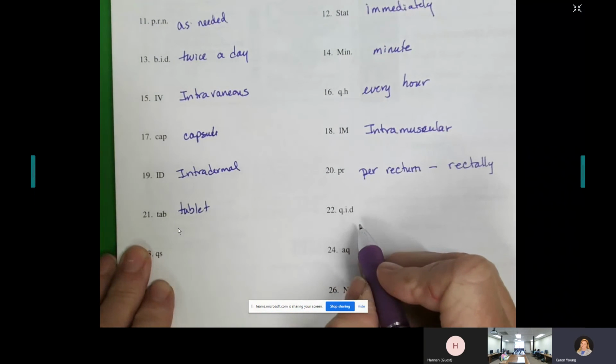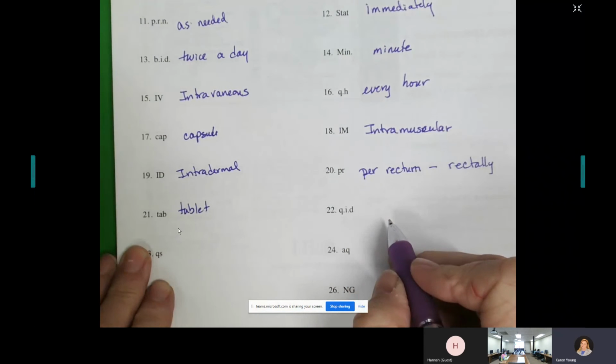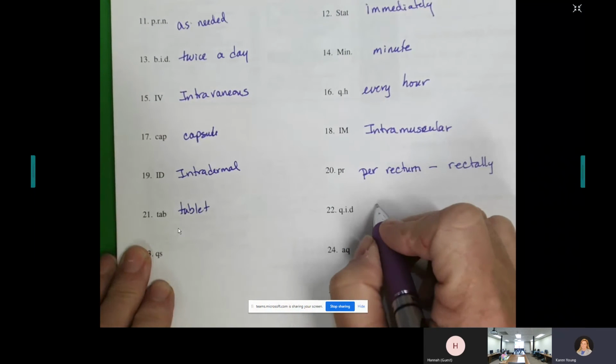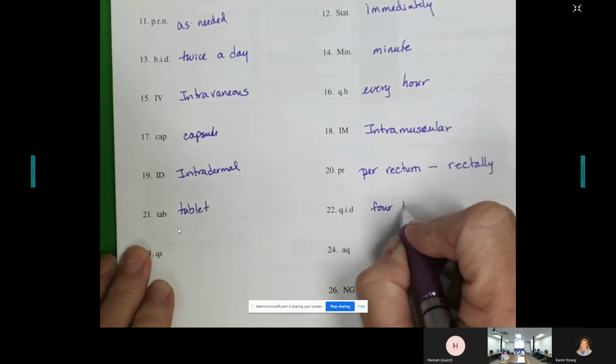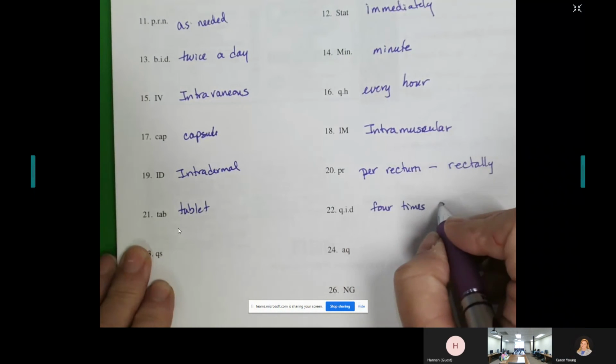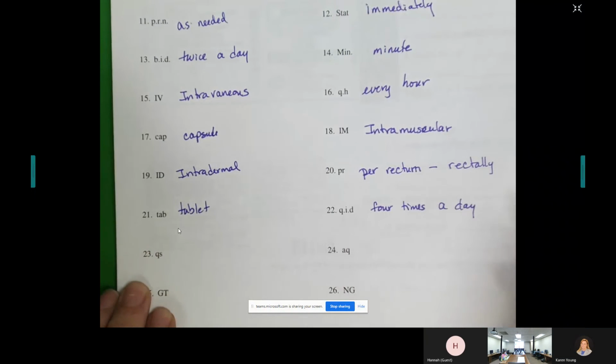What about QID? 4 times a day. I don't see the QS, and I should know what that is.